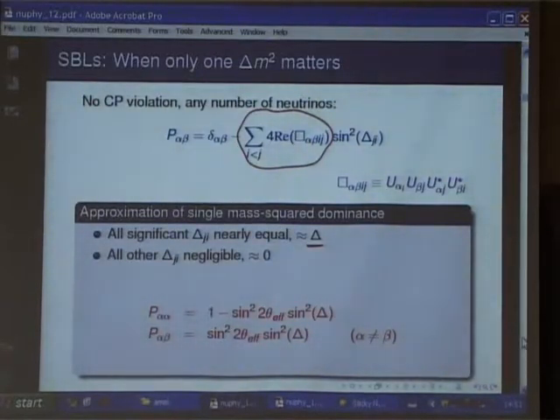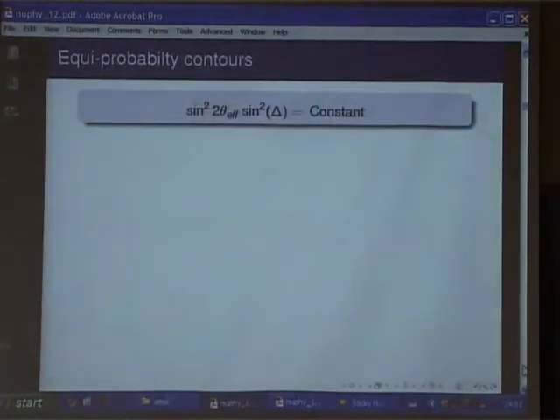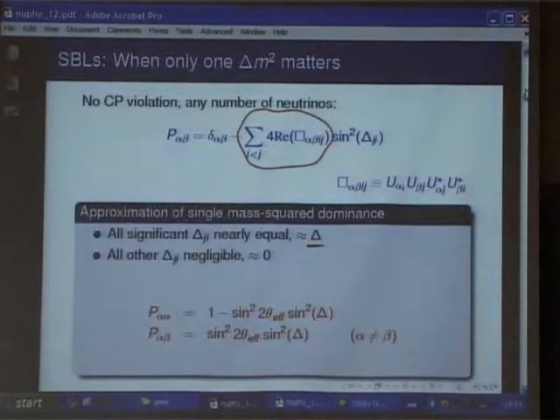So this is the situation, and this is normally what is called a short baseline experiment, because most of them operate in this regime where there is only one delta, which is the largest. Then we have to look at how the contours of sin square 2 theta and delta m square look. What this means is we produce lots of mu alpha and try to see how many mu beta are produced. We know that the number of mu beta produced is going to be something like this.